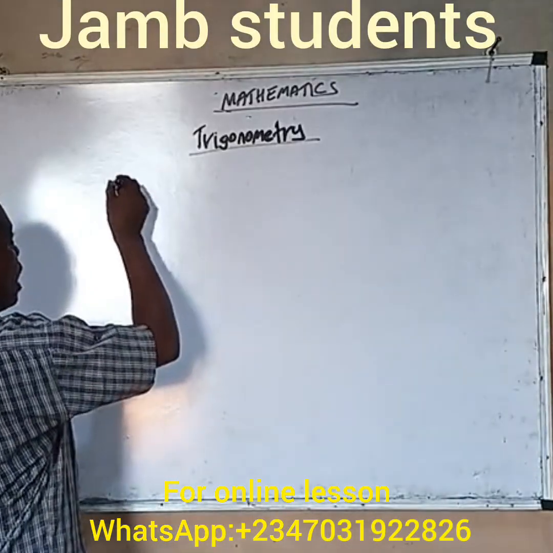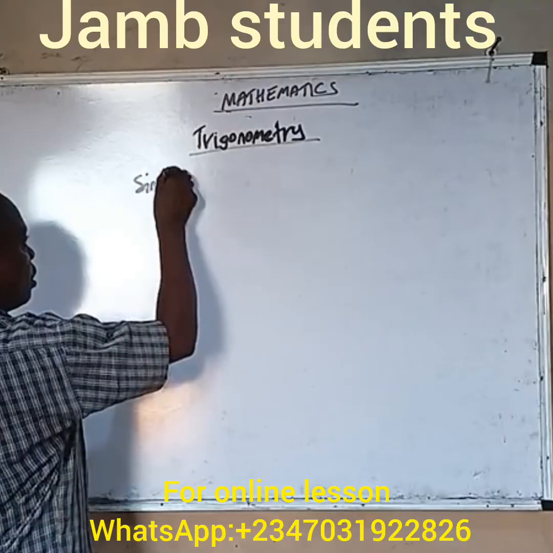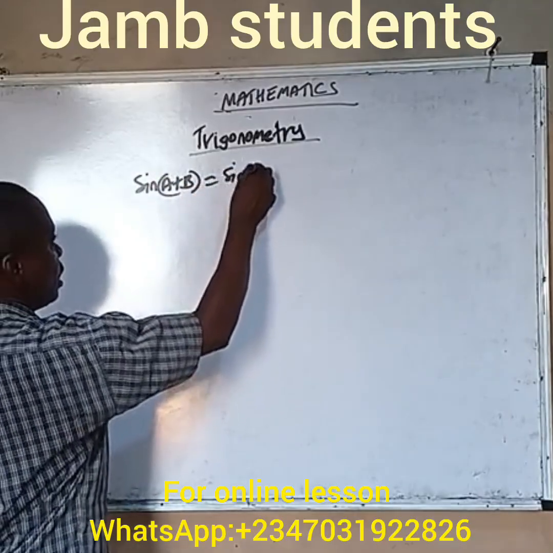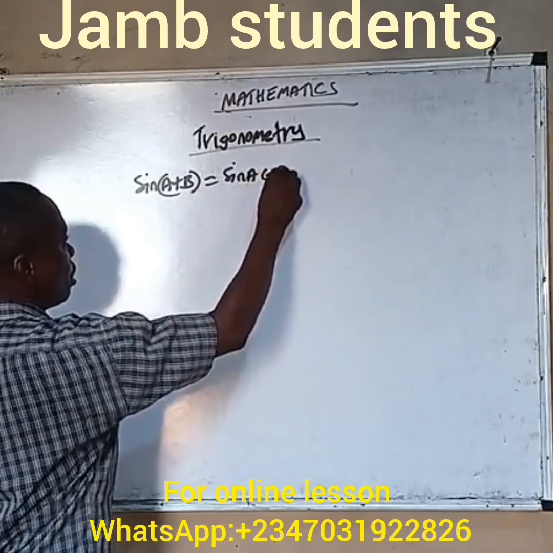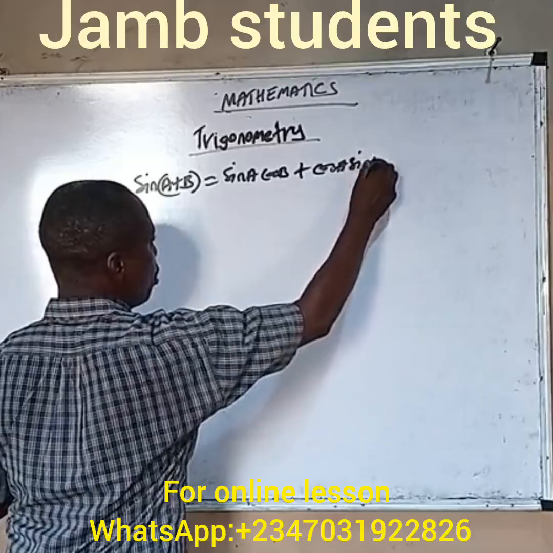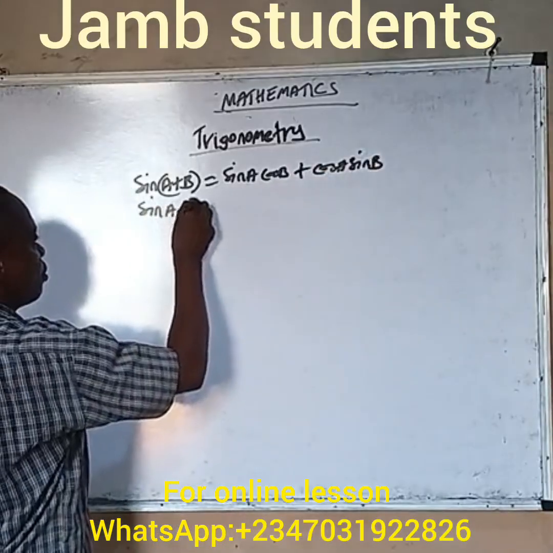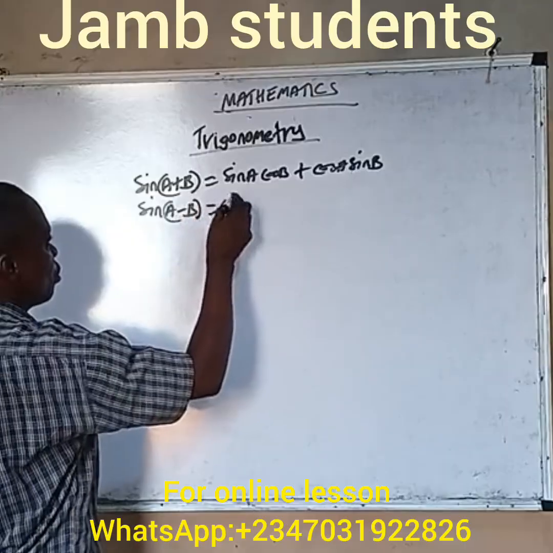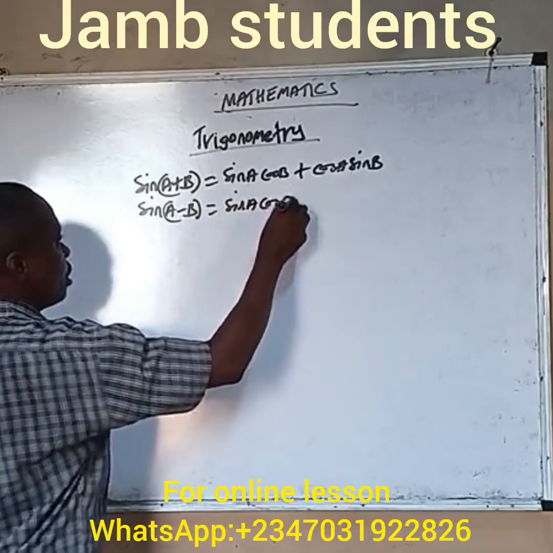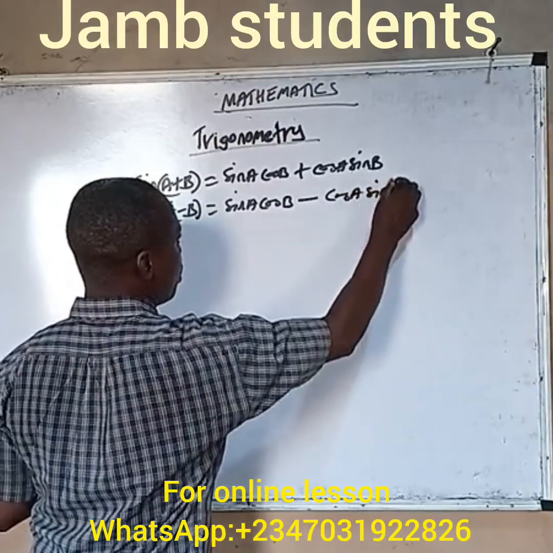Sine A plus B is equal to sine A cos B plus cos A sine B. Sine A minus B is equal to sine A cos B minus cos A sine B.